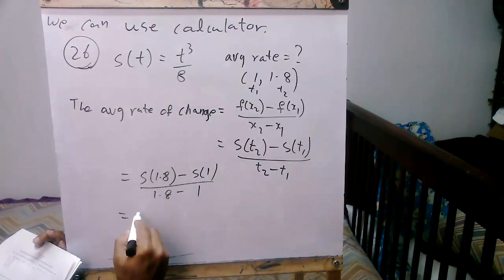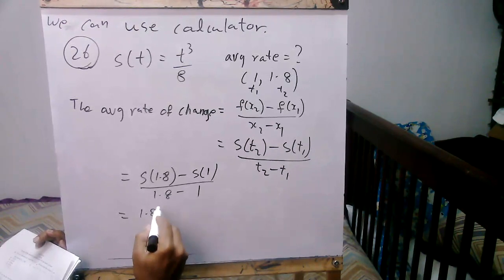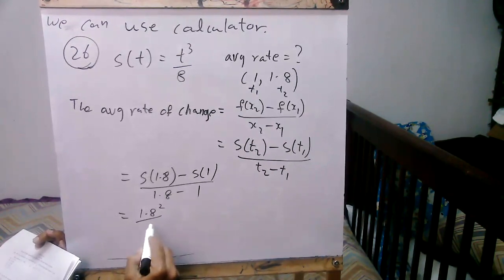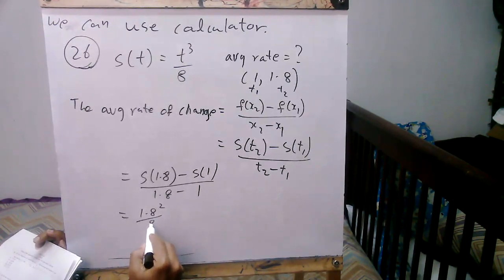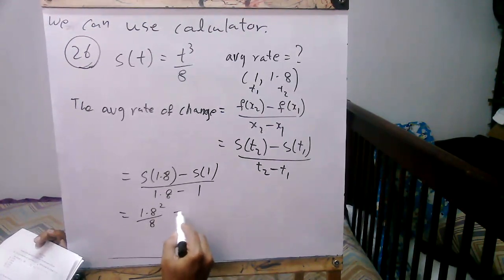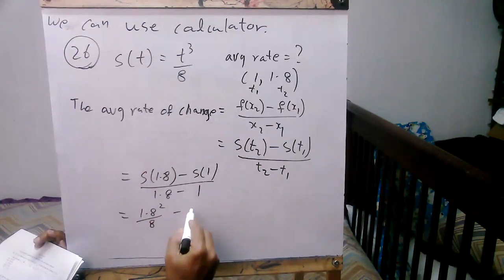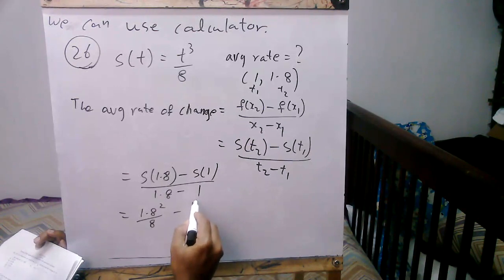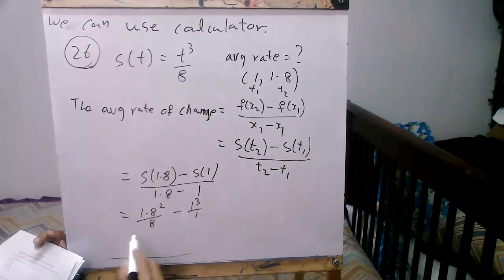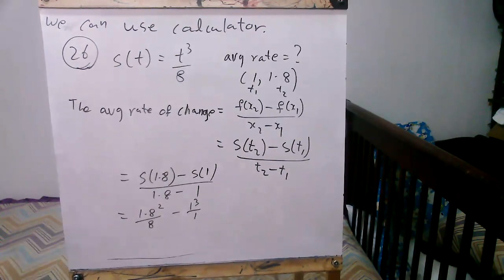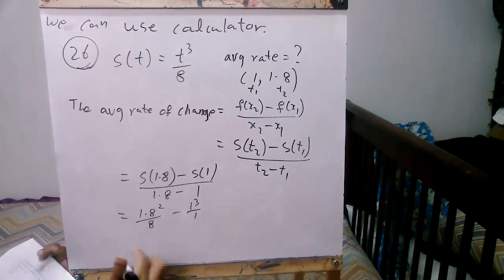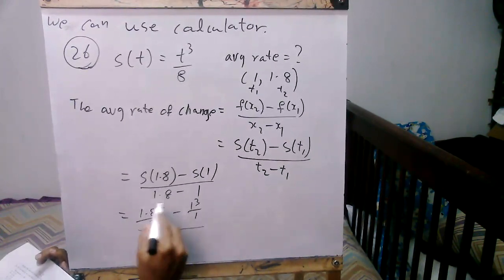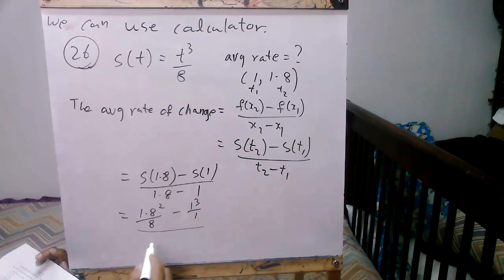Then we get 1.8 squared over 8 minus s(1), we have to substitute 1 there, 1 cubed over 8, divided by 1.8 minus 1, which is 0.8.